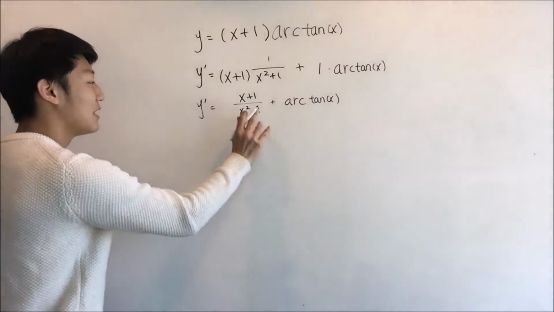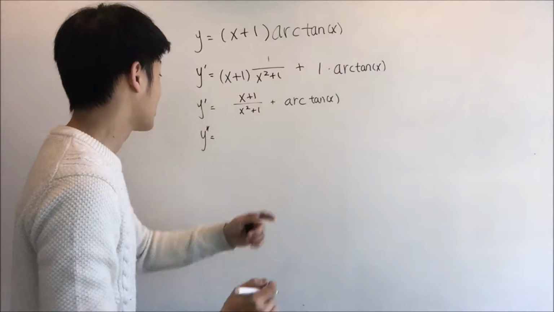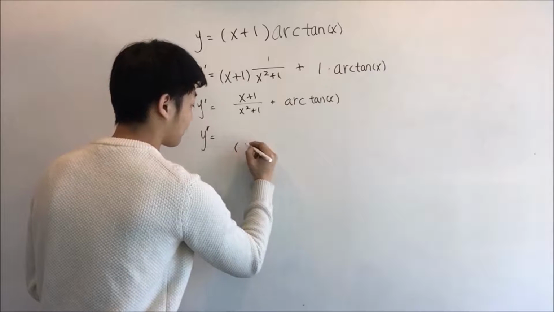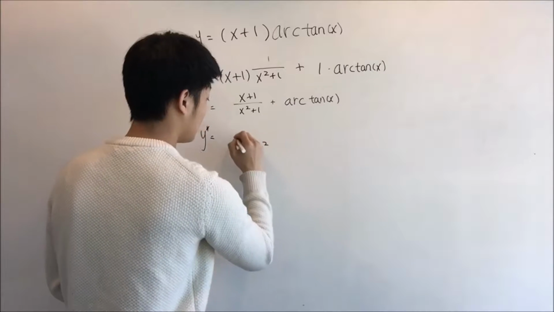Now for the second derivative, this is the quotient rule, so it will be over x squared plus 1 squared.